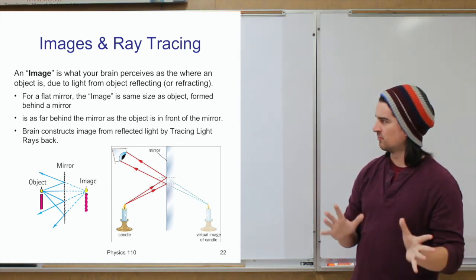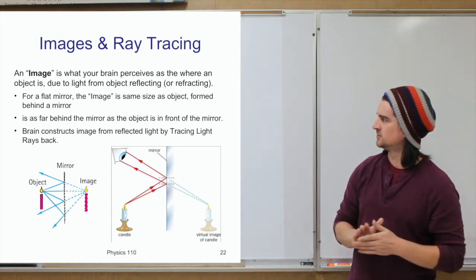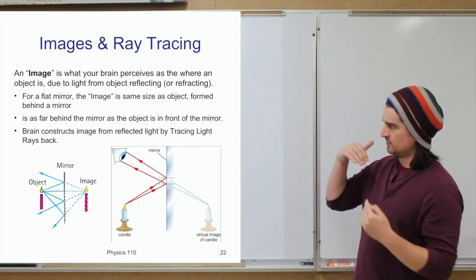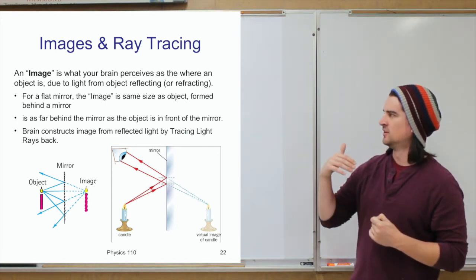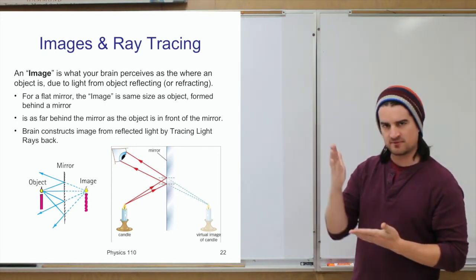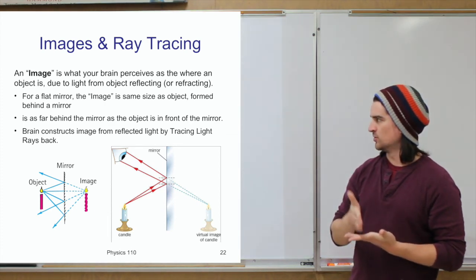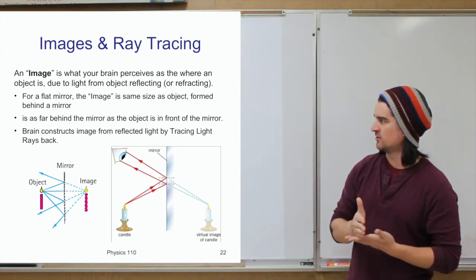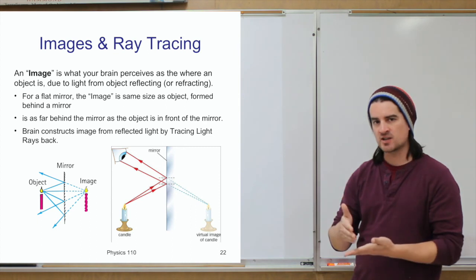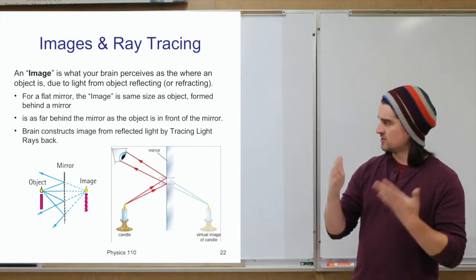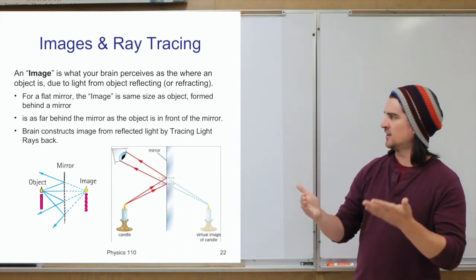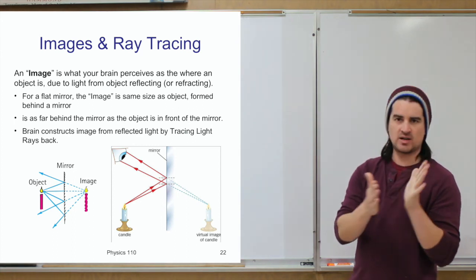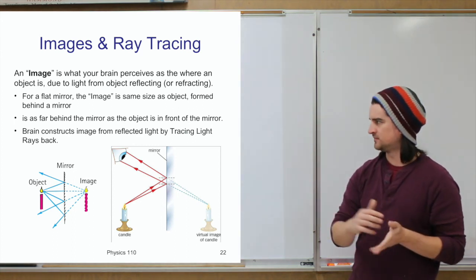We're just going to worry about the reflected things right here. And in terms of a flat surface, like a flat mirror, the image that you're going to see is always going to be the same size as the actual object, and it's going to be behind the mirror, the same distance the object is in front of it.